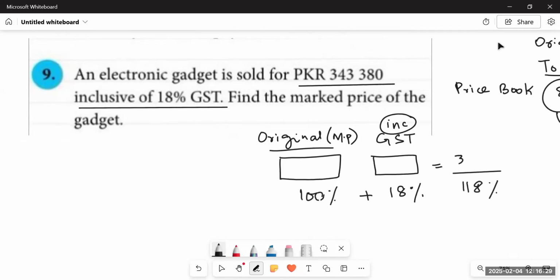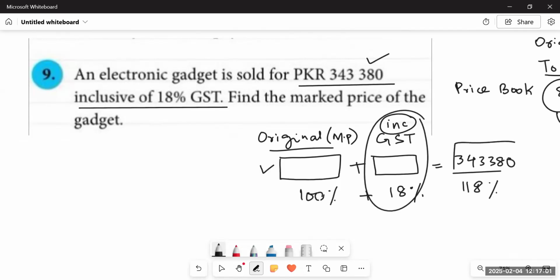So after adding the GST amount, it becomes 343,380. If it would have been exclusive of 18% GST, it means it is the original amount. Inclusive of 18% GST means this amount has been arrived at after adding GST to the original amount. So we don't know the original amount, we don't know the GST, and we don't have to calculate the GST. We just have to calculate the original amount.